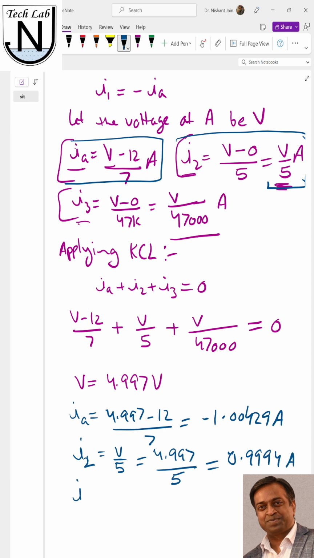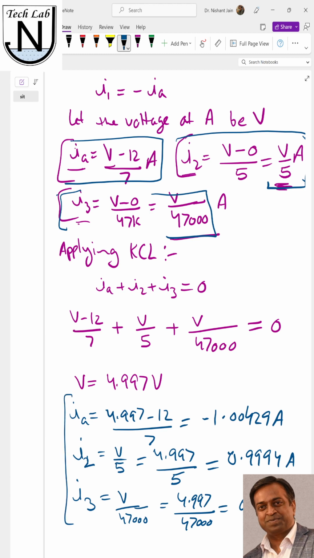And similarly for I3, it is V upon 47,000, so 4.997 upon 47,000. I will get something very close to 0. So you can see I get all three values.